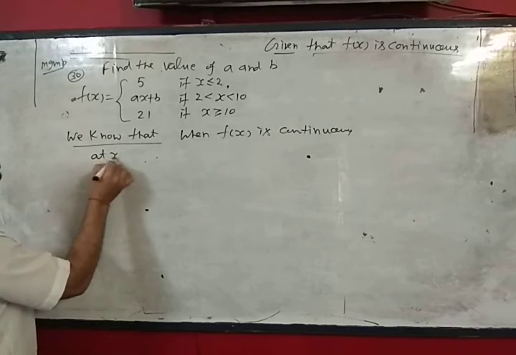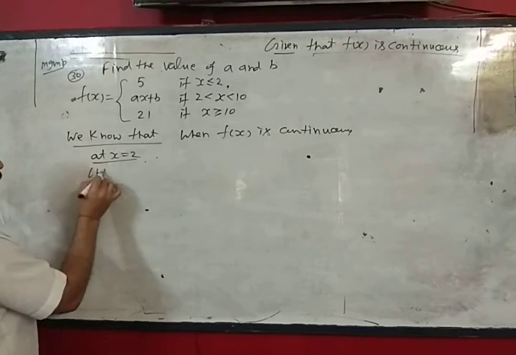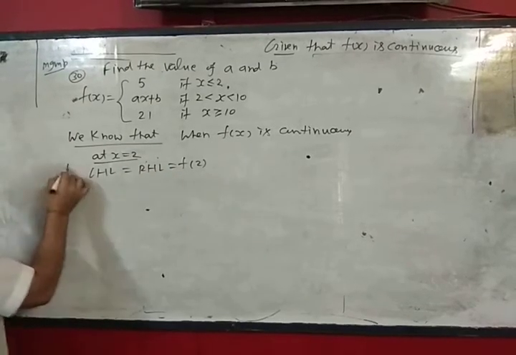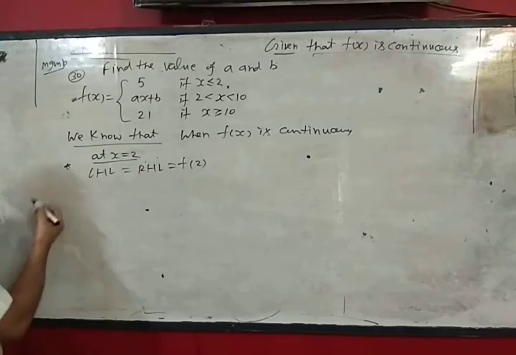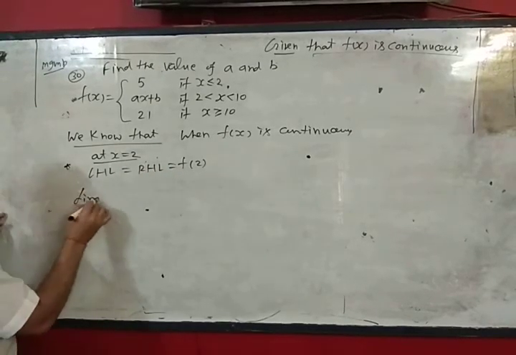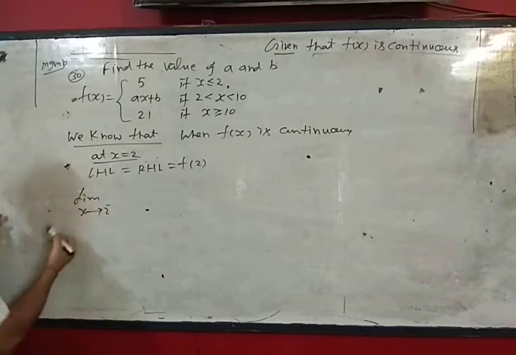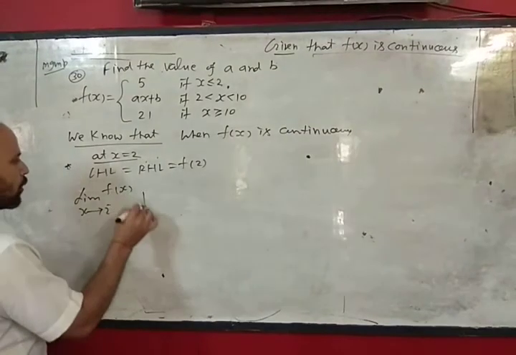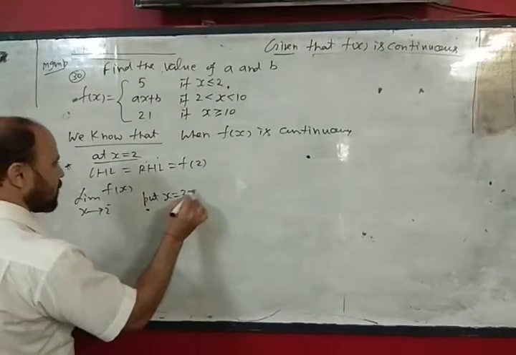At x is equal to 2, LHL is equal to RHL is equal to f(2). That is the first point. So the left hand limit at x equal to 2, that is limit x tends to 2 minus f(x). Put x is equal to 2 minus h.